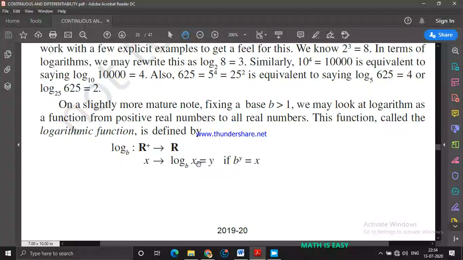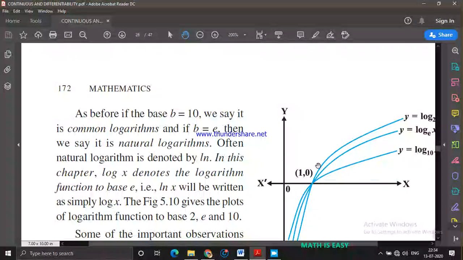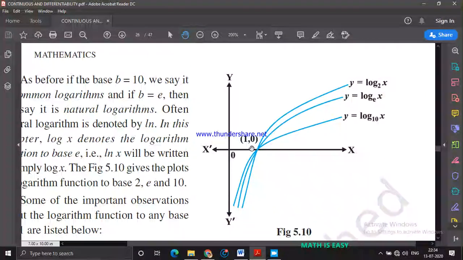If I want the x value, then b will go as the exponent base, so x equals b power y, you can mention. So these are the graphs of different bases. If log x to the base 10, then the graph is this one. Then log x to the base e, the graph is this one. And log x base 2, the graph is this one.